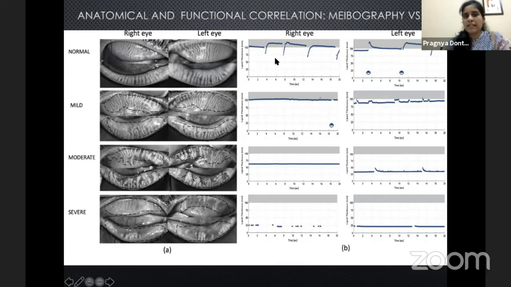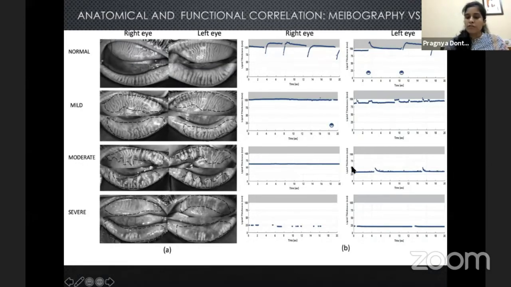So in normal glands, we see that the lipid layer thickness is pretty much close to 100, which is hovering around normal. And in the mild, moderate, and severe disease, we can see that it's gradually going down. So there is some functional correlation where the extent of damage on meibography and the lipid layer thickness is correlating.